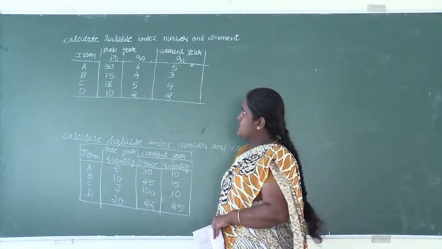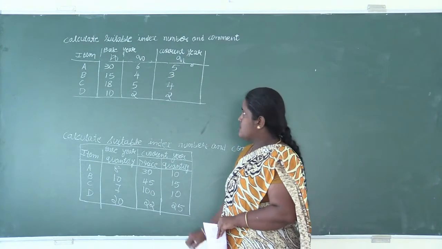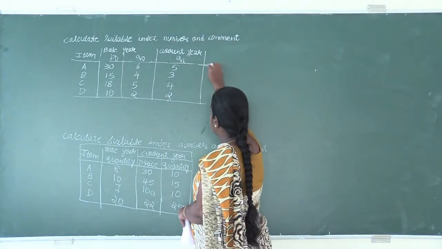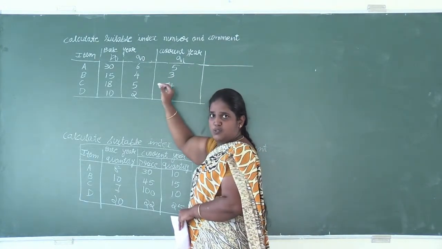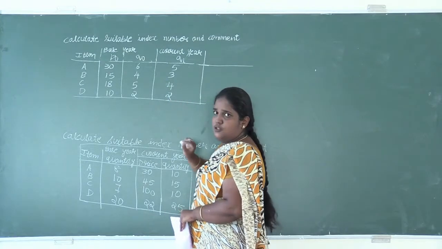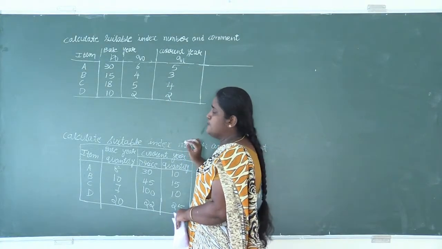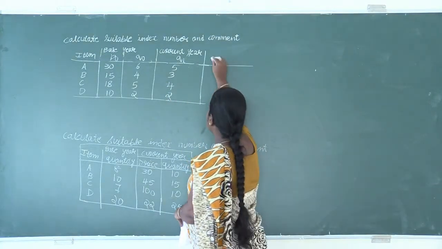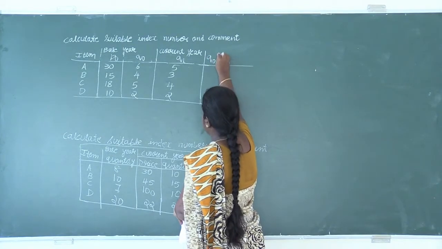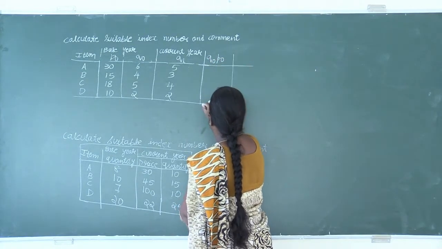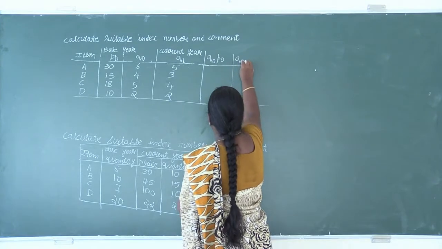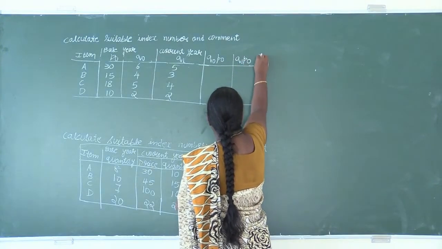Since P0 is the only thing which is given, that is the weight here. So P0 is taken as weight in Laspeyres quantity index number. So we have to multiply Q0 and P0, then multiply Q1 and P0.